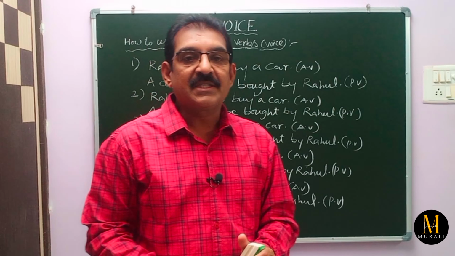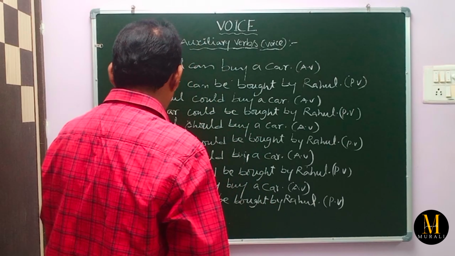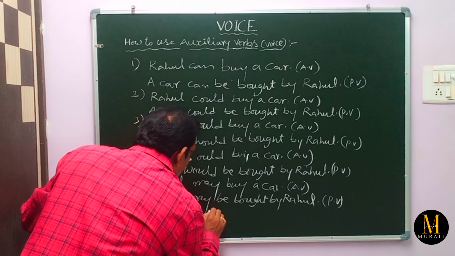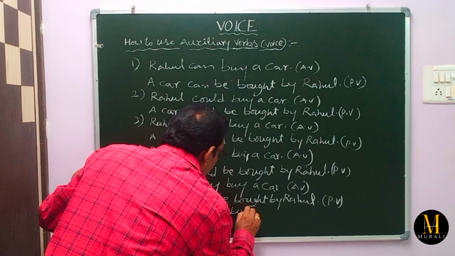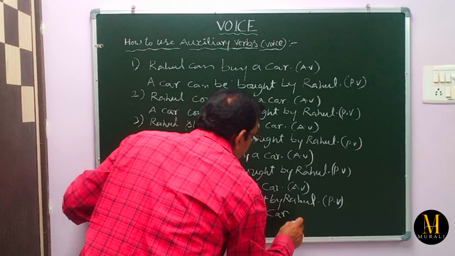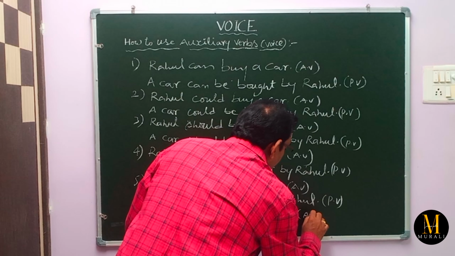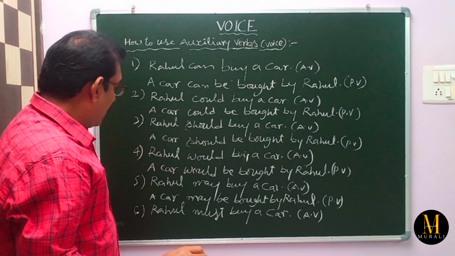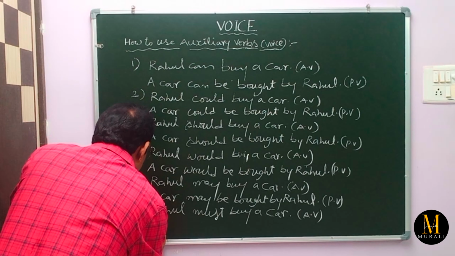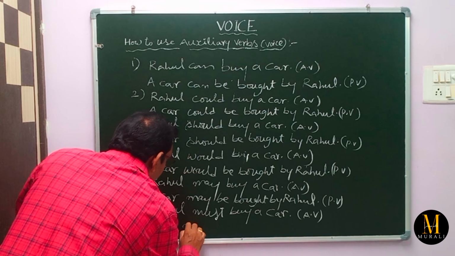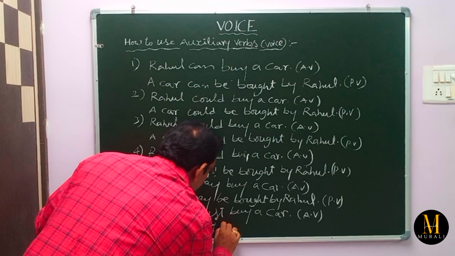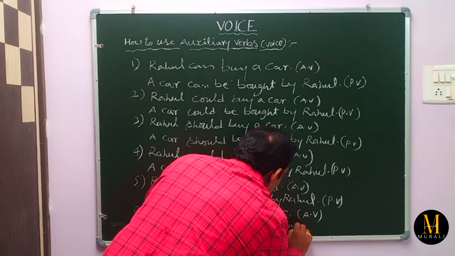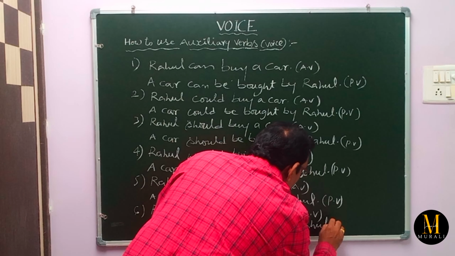Next, sixth one, Rahul must buy a car. Next, change into passive voice: a car must be bought by Rahul.